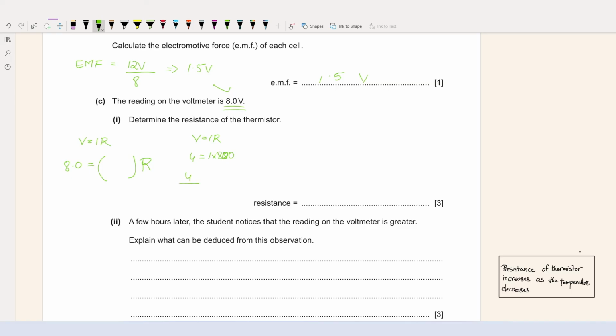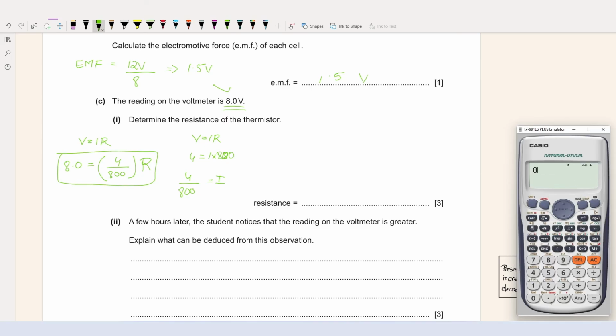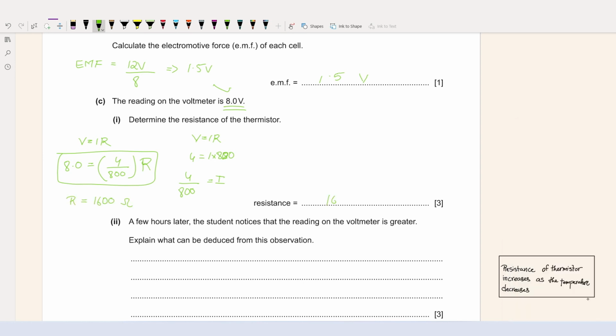So 4 divided by 800 will give us I, and we can plug in our I value here, which will give us our answer as 8.0 divided by 4 by 800, 1600. Don't forget to add the unit.